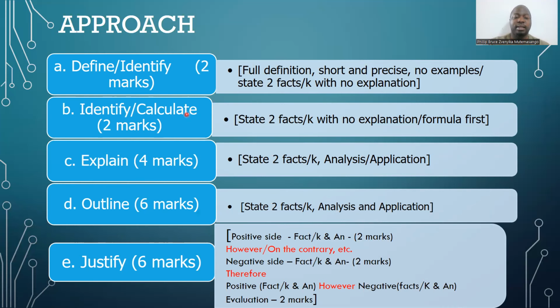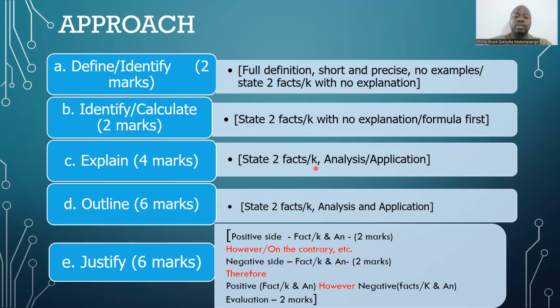Part C calls for you to explain. Whenever you're explaining, remember this, there are 2 ways to do this in business studies. It's either you analyze or you apply, or you do both. In such a case, if the question carries the name of the owner or the business in it, you need to apply your answer to the scenario.